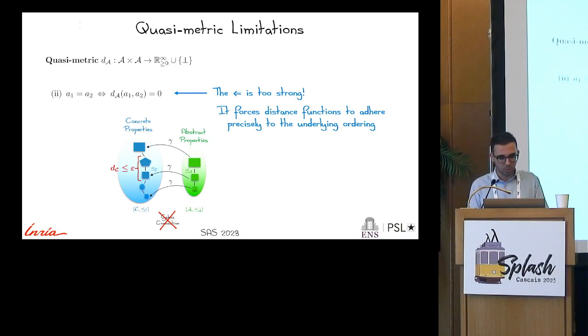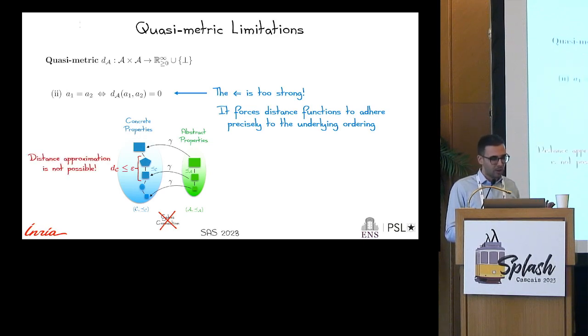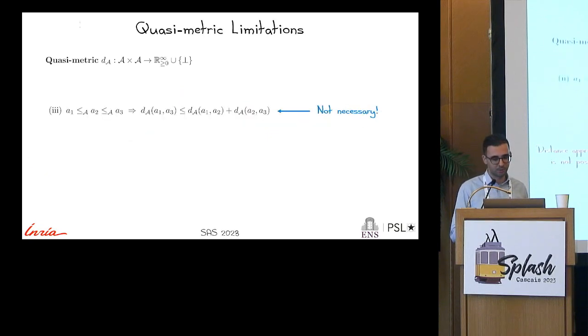For example, suppose that we want to define a distance on the concrete properties, and we don't have a Galois connection, for example on convex polyhedra. In this case, we are forced to define a distance that recognizes when two elements are equal, so it must study all the information inside the concrete elements. So we are not allowed to define a distance which approximates the computation.